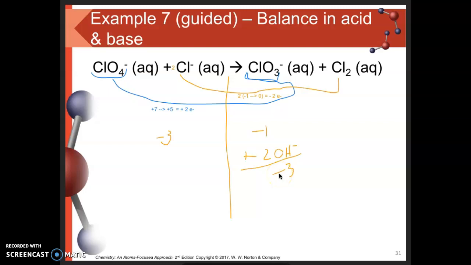Now, from that standpoint, I can take the hydrogens here. I need hydrogens on the other side to counterbalance, so I need to add a water molecule.